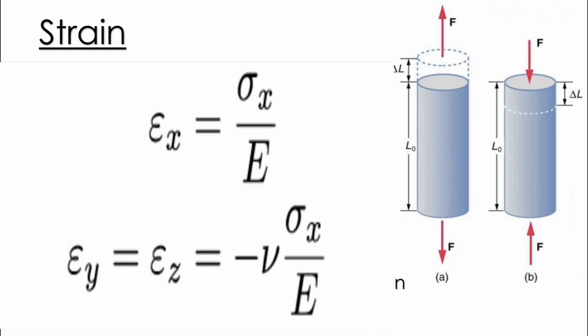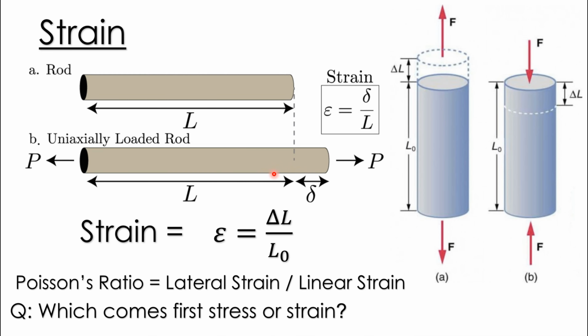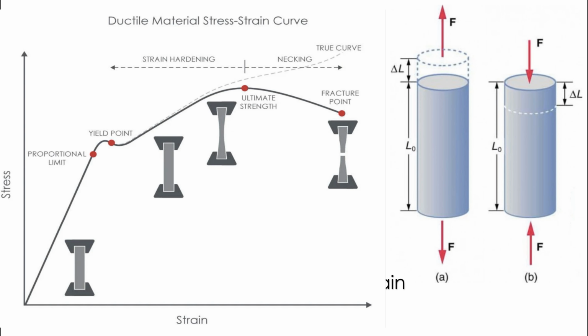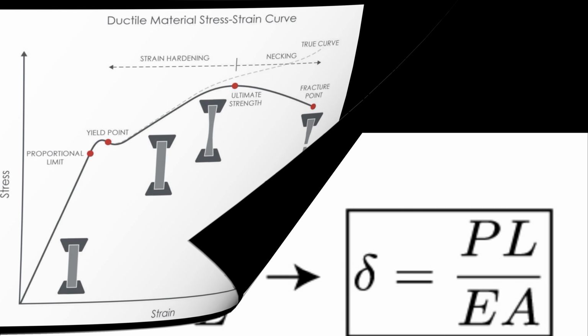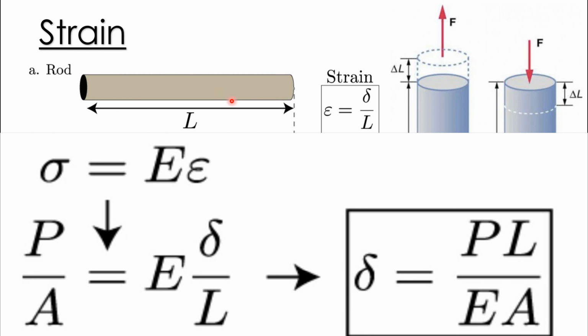That's why strain is the independent quantity and stress is dependent on the amount of deformation, meaning the strain. This is the reason in the stress-strain diagram, strain is always plotted on the x-axis and stress on the y-axis, being the dependent quantity. So to calculate the stress from strain, we need to find the relationship between these two quantities.